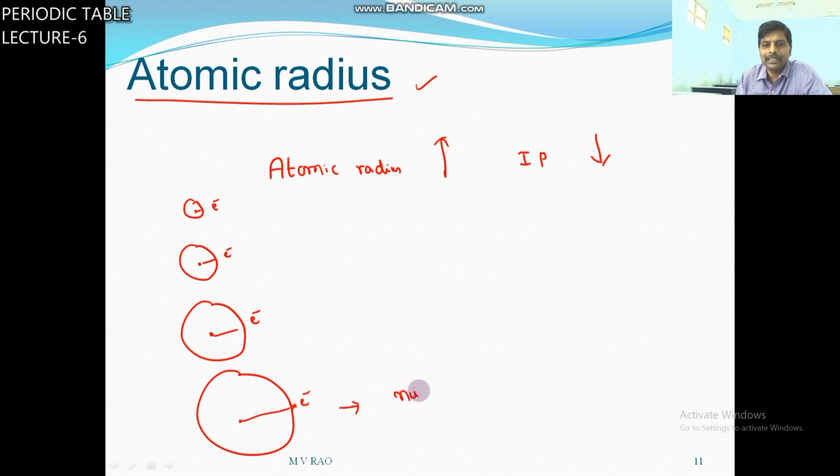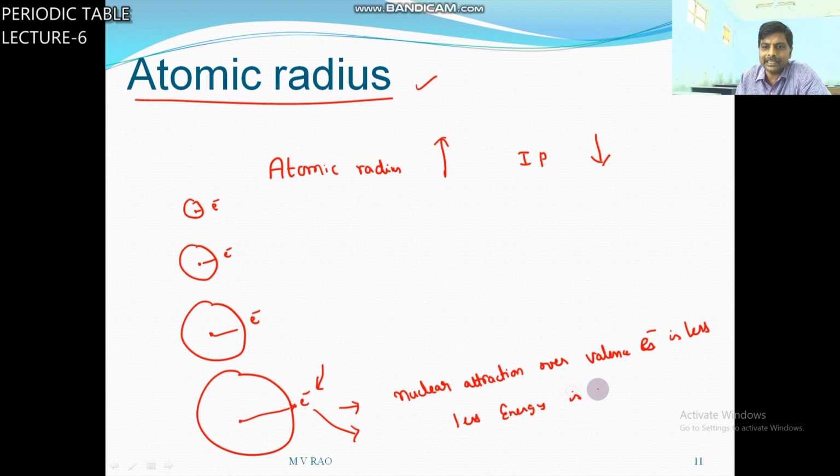That means the nuclear attraction over the valence electron is less. To remove this electron, less energy is required. That means ionization potential energy is less.